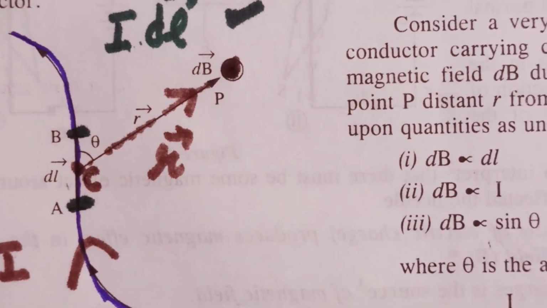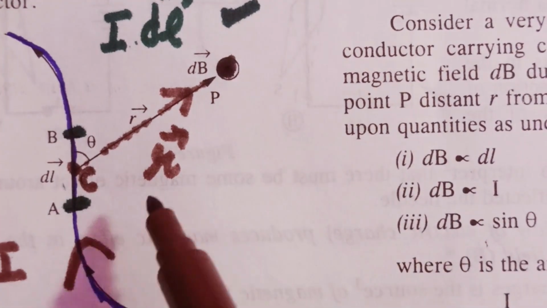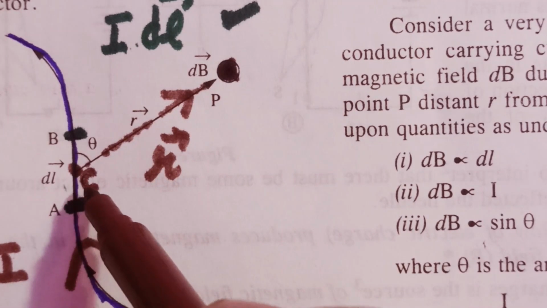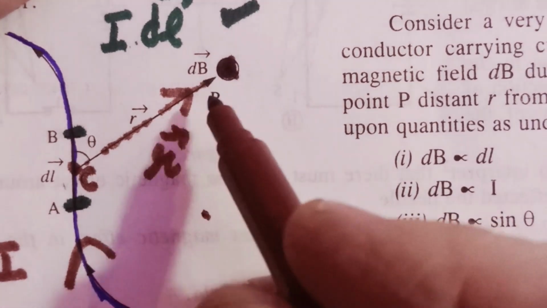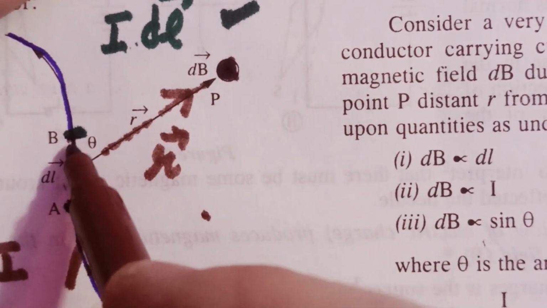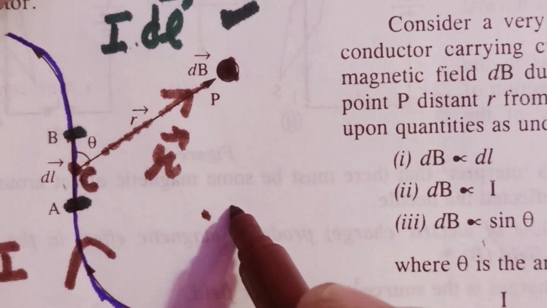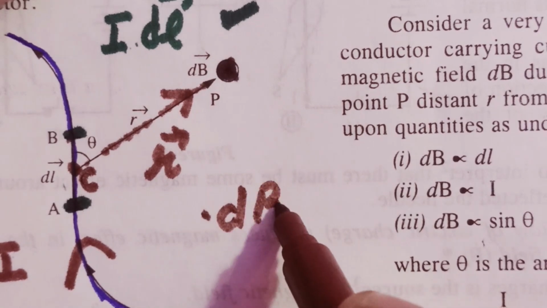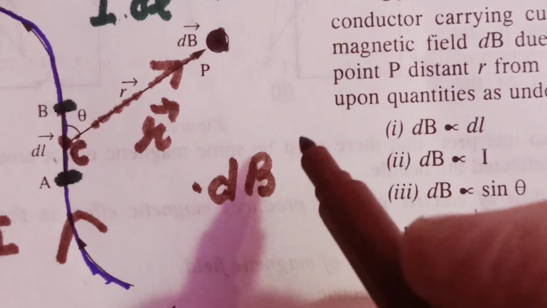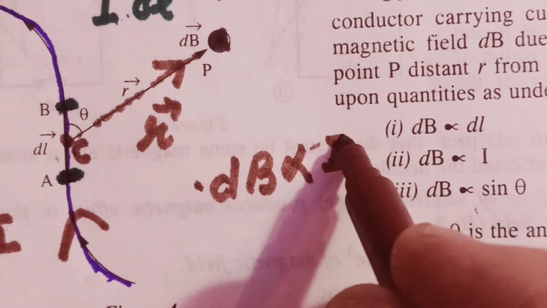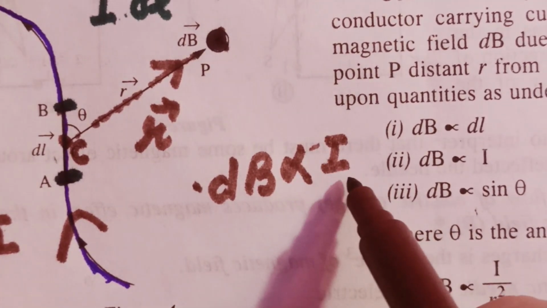Now it is very clear that the field is related to current. And because the length element is very small, the field will also be small. A small field is written as dB. So dB will be proportional, number one, to the magnitude of the current.